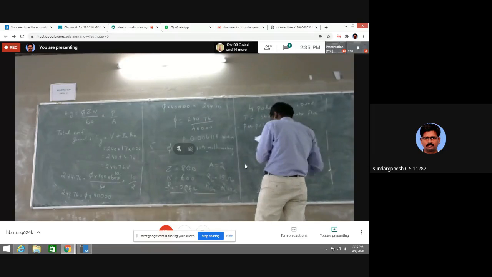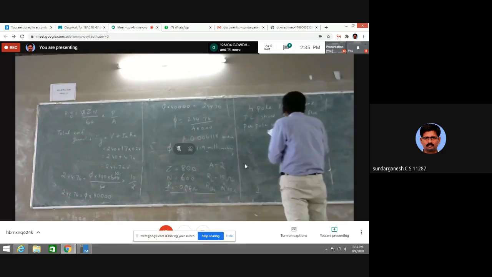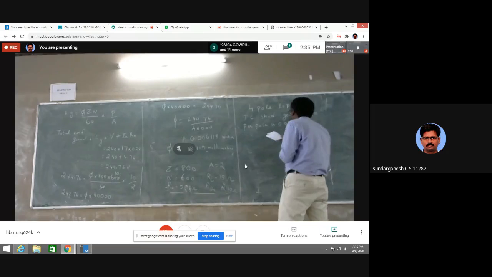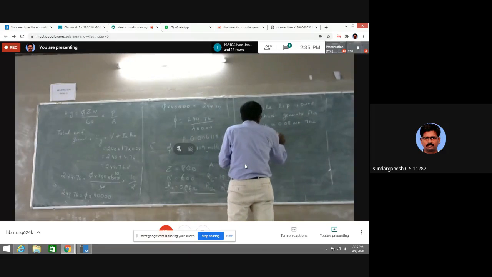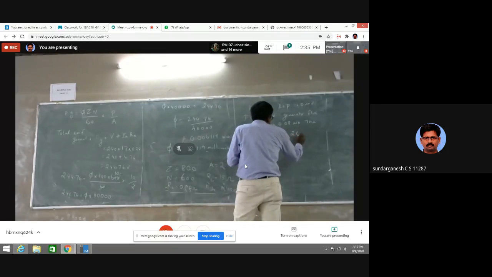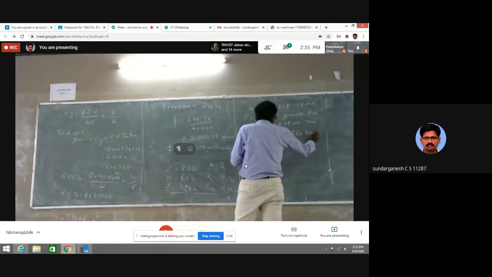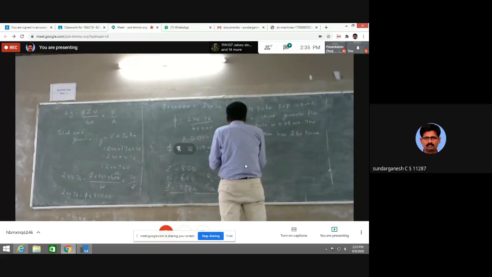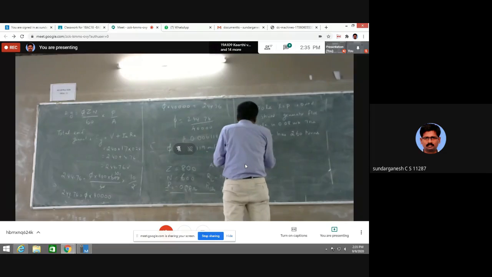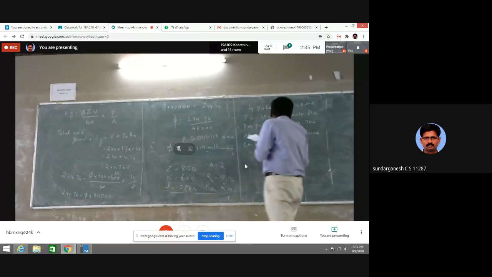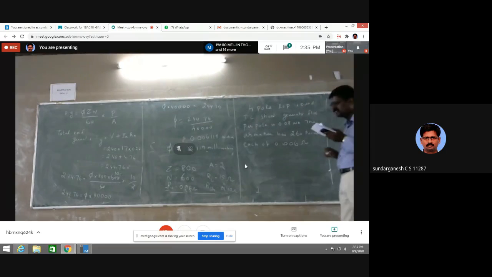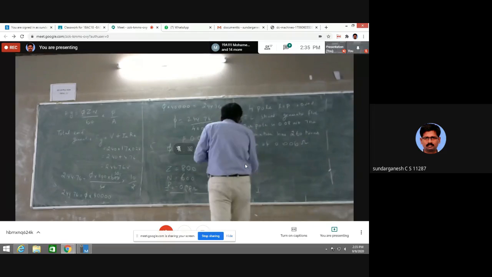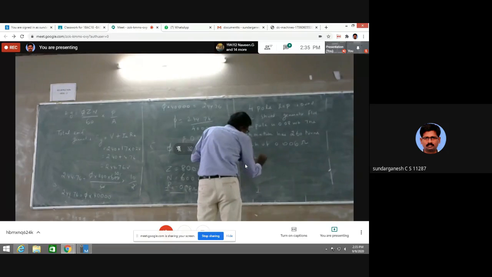The armature has 260 turns, each of 0.006 ohms. You have to determine the terminal voltage.